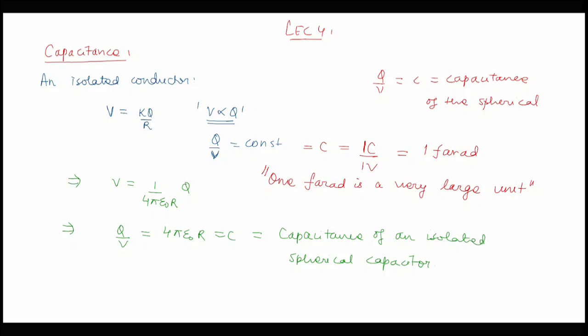In order to understand this, let us take a small illustration. We will use the formula we have obtained, the capacitance of an isolated spherical capacitor. Consider the earth, of radius 6400 kilometer, that is 6.4 into 10 to the power 6 meter, as an isolated spherical capacitor. The capacitance is C equal to 4 pi epsilon naught r, which we write as 1 upon 9 into 10 to the power 9 into 6.4 into 10 to the power 6, and the value will be in farad.